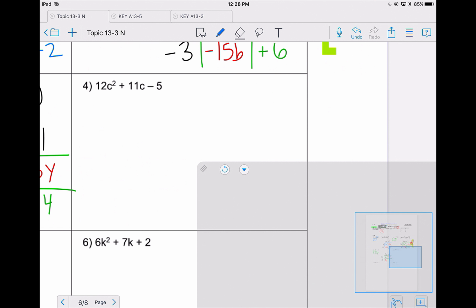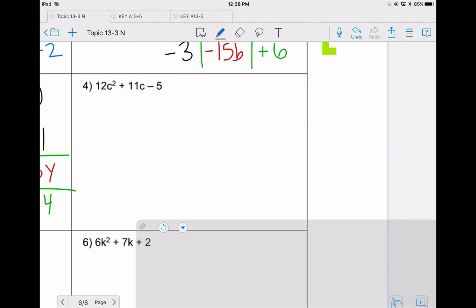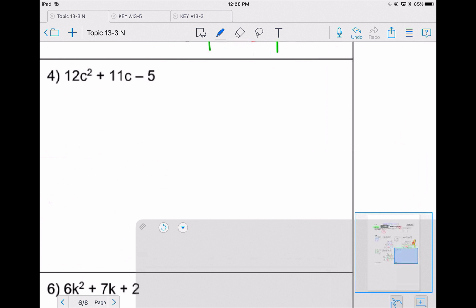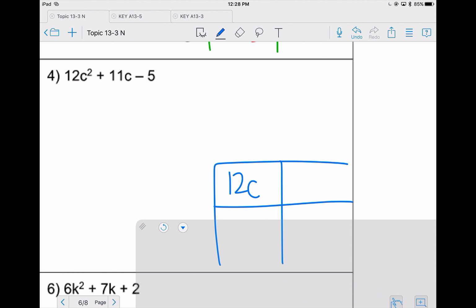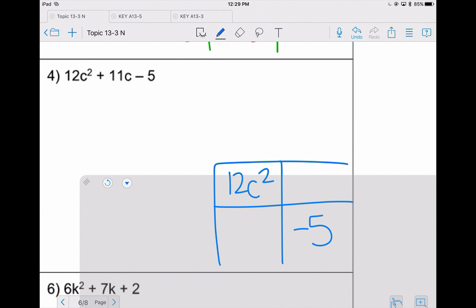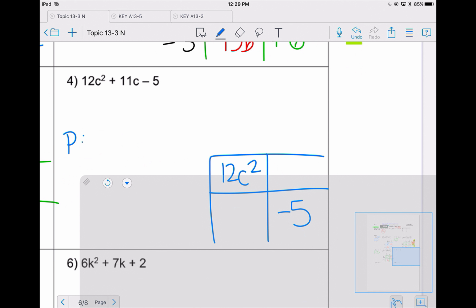When we look at problem 4, we have 12c squared plus 11c minus 5. There are no numbers that 12, 11, and 5 share, so I go straight to the box. I have 12c squared and a minus 5. I multiply these for my product. My full product is negative 60c squared.